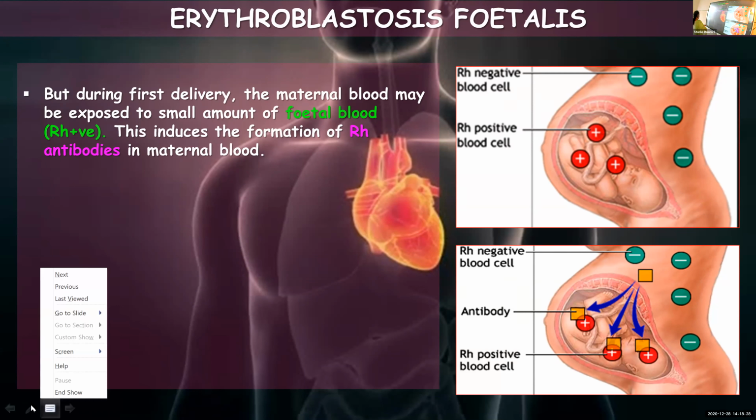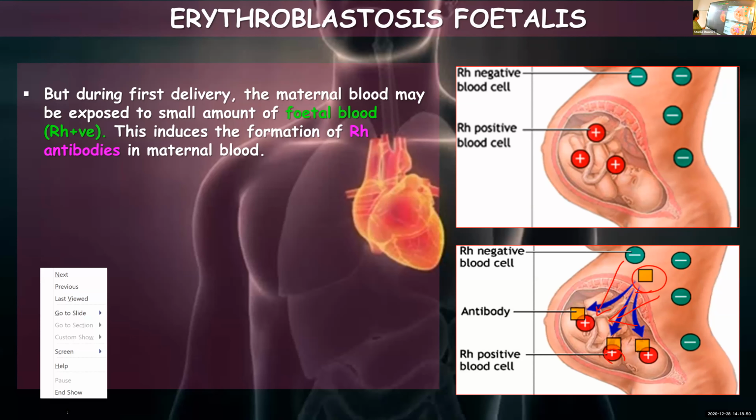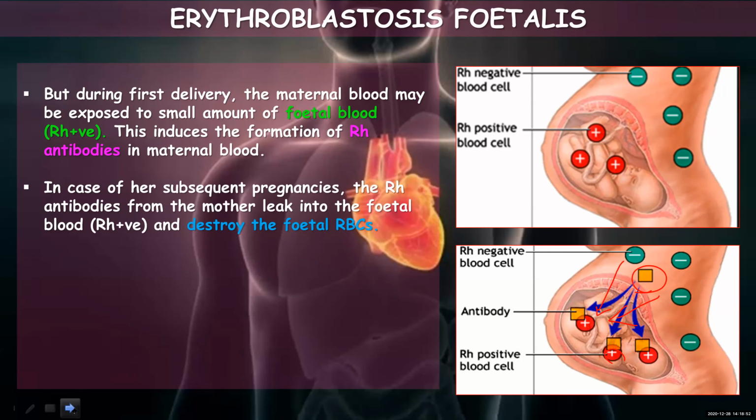As a result, these antibodies will remain in her blood, and in the next pregnancy, if the child is Rh positive, these antibodies will cross the placental barrier and get mixed up with the baby's blood, and it can create severe complications.